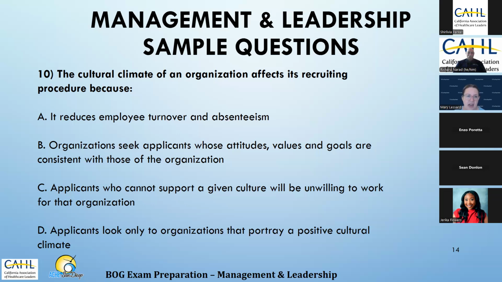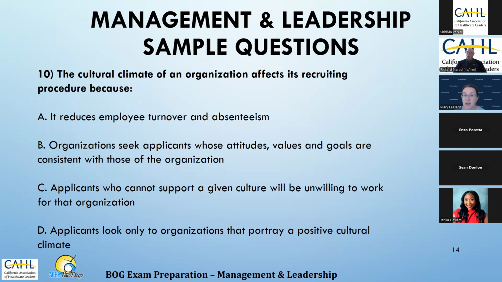And then D, applicants look only to organizations that portray a positive cultural climate. Then there's that word "only." Applicants can want to be a part of your organization for a whole host of reasons. So I think D is too narrow an answer.